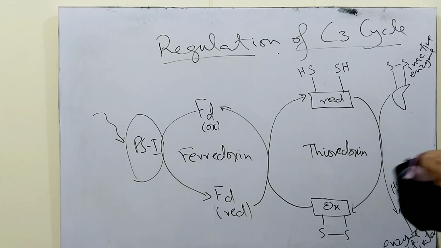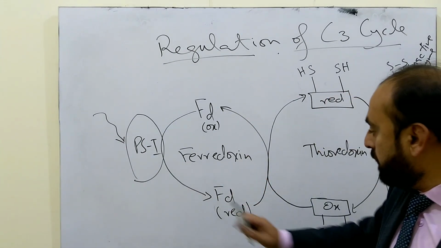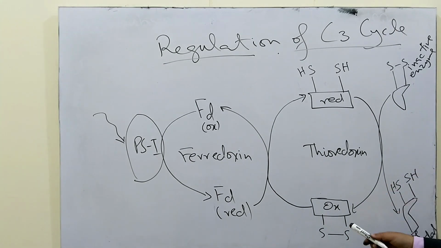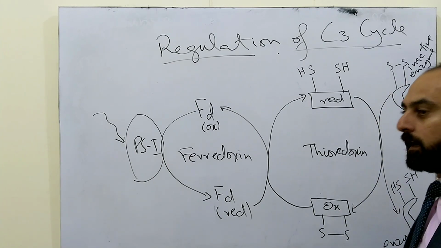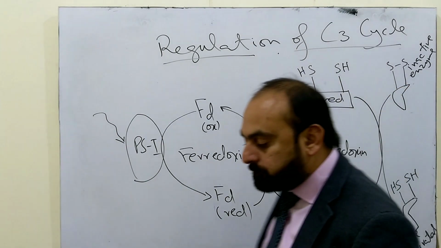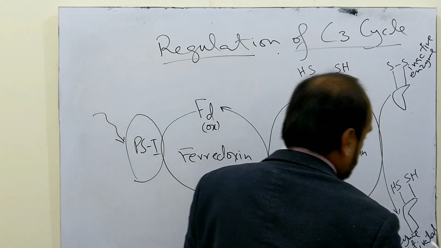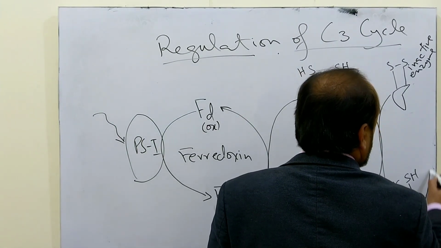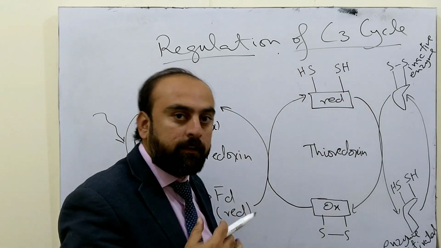So that is how photosystem 1 reduces ferredoxin, ferredoxin reduces thioredoxin, and thioredoxin can reduce an inactive enzyme by opening the disulfide bonds and converting it to active form. So during night time, when light is not available, these active or reduced form of enzymes are converted back to oxidized form of enzymes, or inactivated.